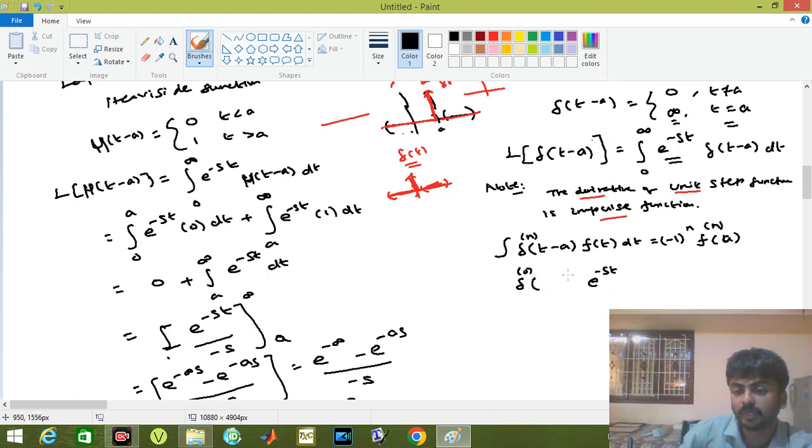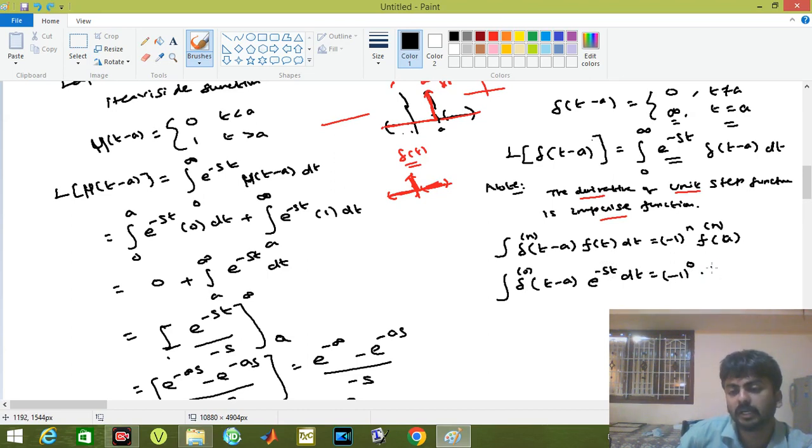Zeroth order derivative means the integral of delta of t minus a, to its zeroth order, dt equals minus 1 power 0 into f, what is f here? Our f of t is e power minus st, no?